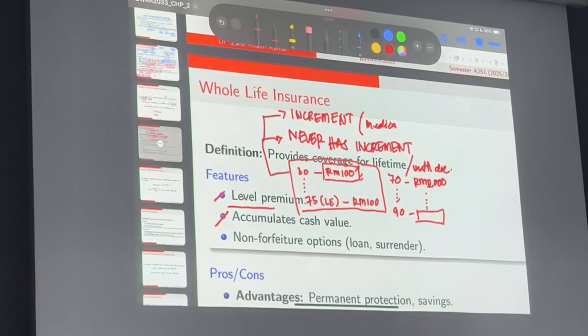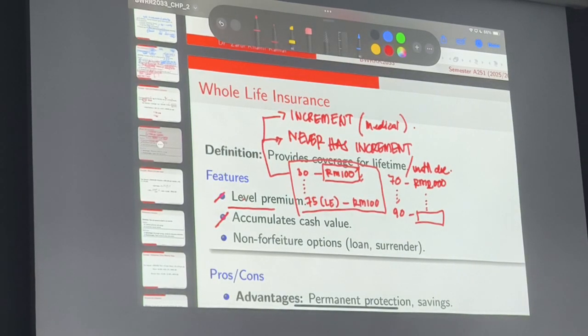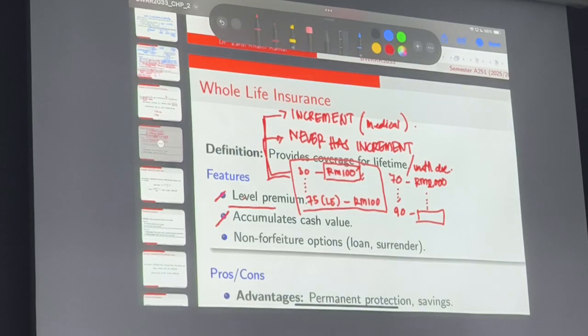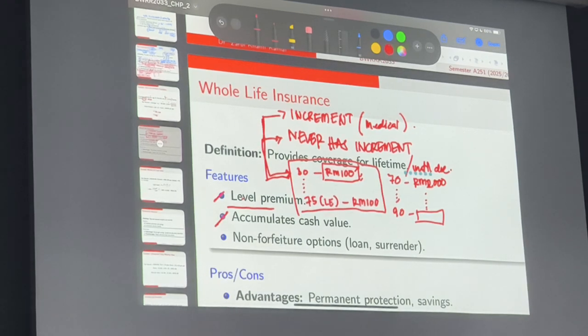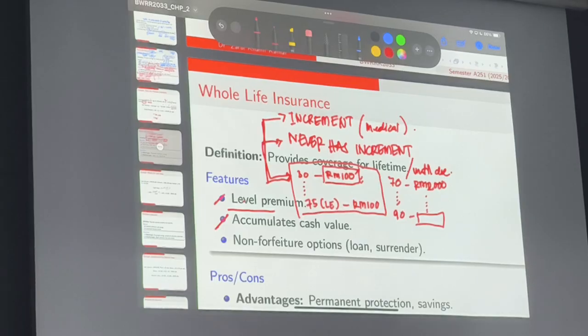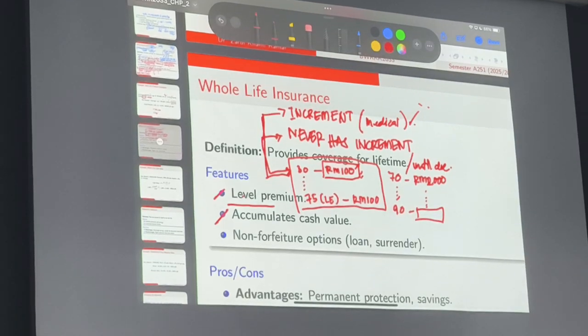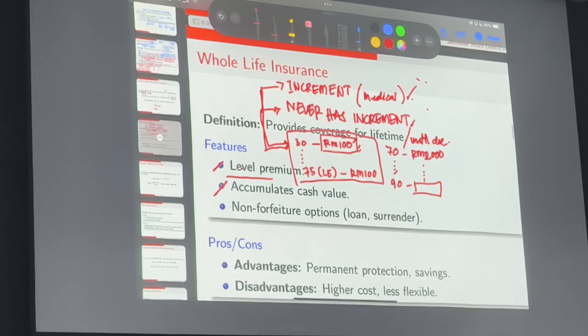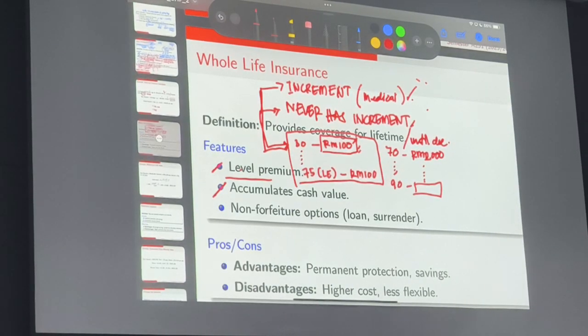Medical card, yes. Even if you sign up policy at the age 0 pun, as you age, as the age increases, this also increases. Okay, medical card, yes, dia akan meningkat, but this tak akan ada. Okay, dia akan compared to like term insurance.